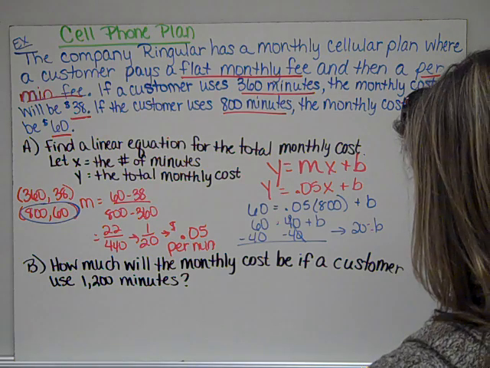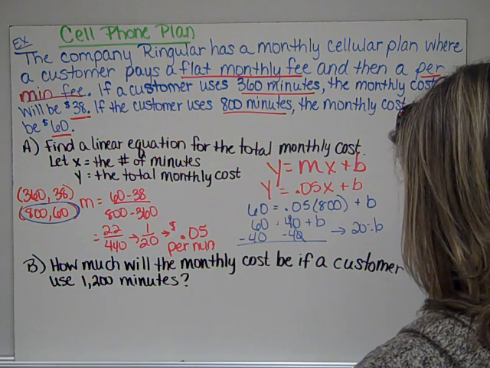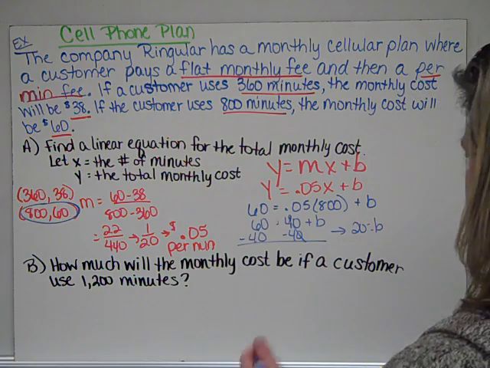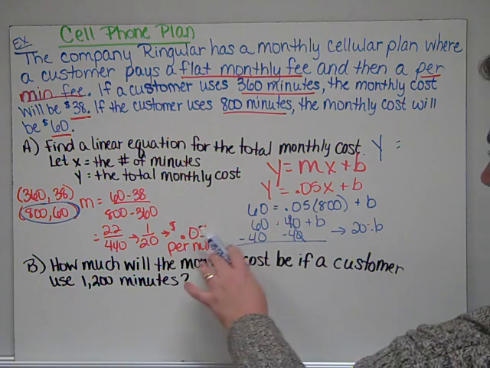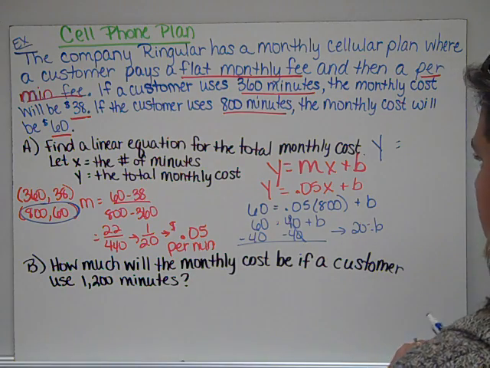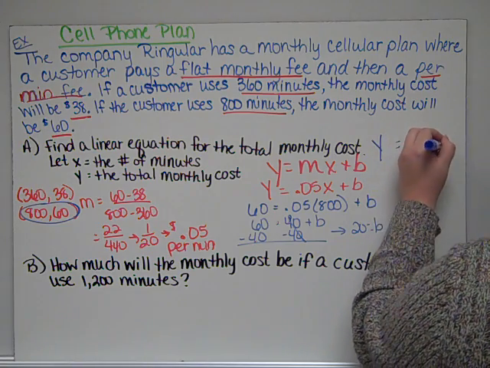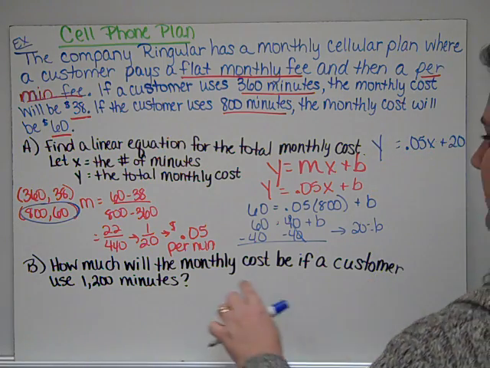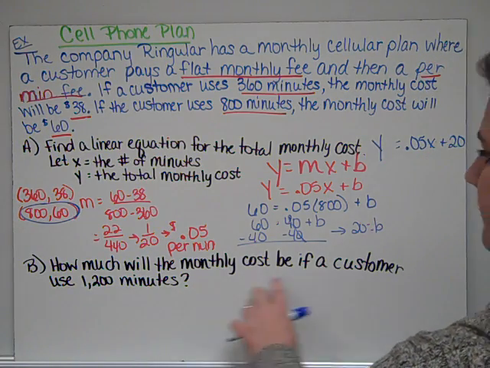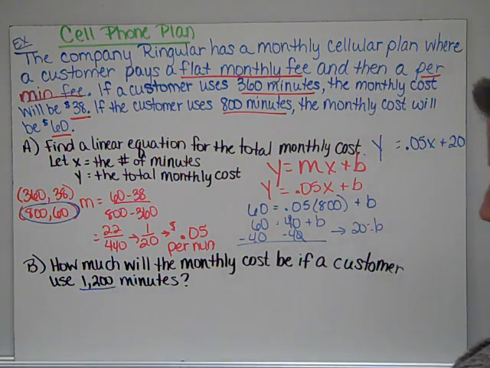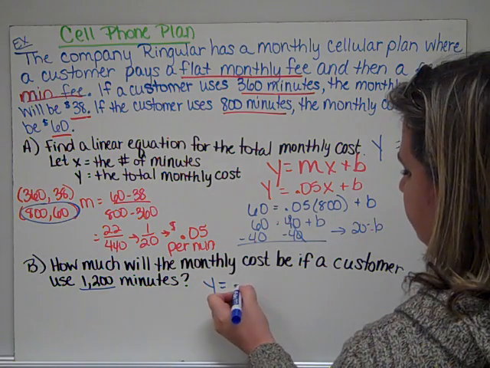So what does that mean? That means you're going to pay a flat rate of $20 plus 5 cents for every minute. So let's put that in an equation: y = 0.05x + 20. The next one asks how much the monthly cost will be if a customer uses 1,200 minutes.